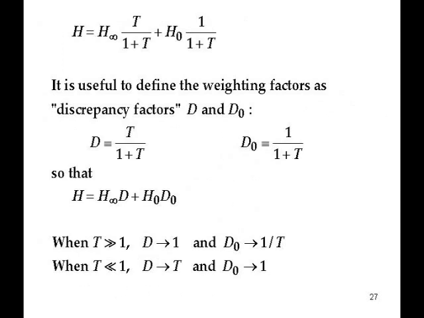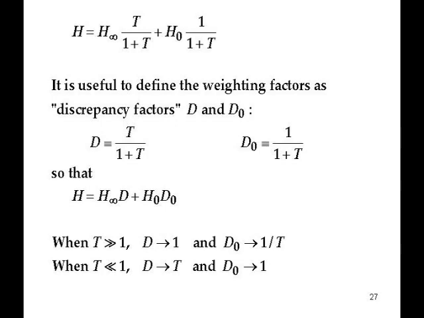Now, I've defined another couple of quantities here, which are not necessary, but it's useful to be familiar with the physical interpretation. The two weighting factors, t over 1 plus t, is called D, D standing for discrepancy factor, because it's the discrepancy between the ideal H infinity and the actual H that you're going to get.